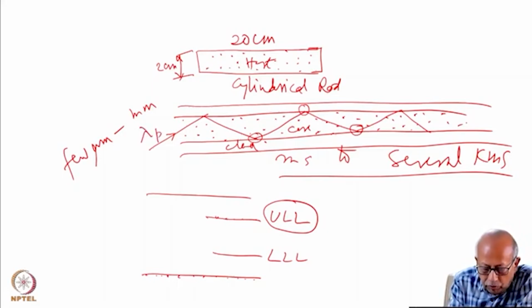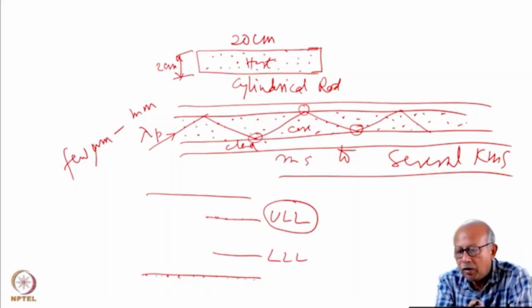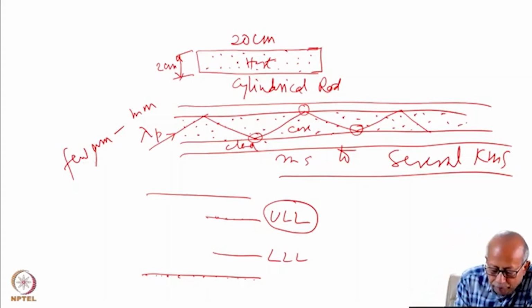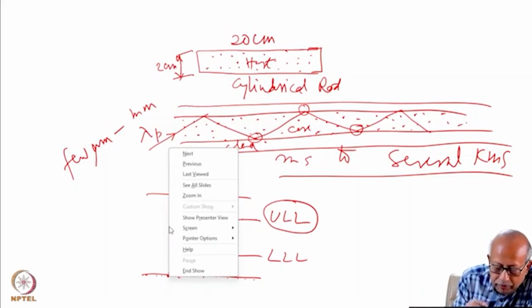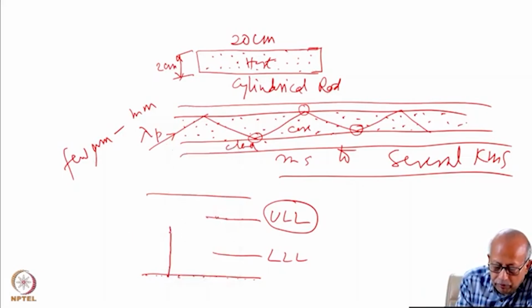So the photon of this wavelength, as it interacts with this species while it travels down this fiber, will excite them to the pump level. This is the pump level.